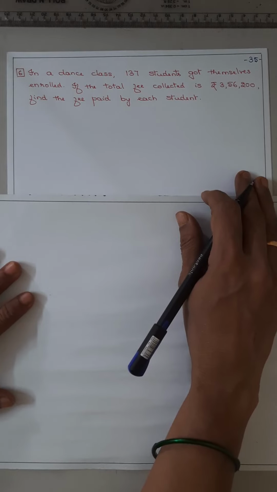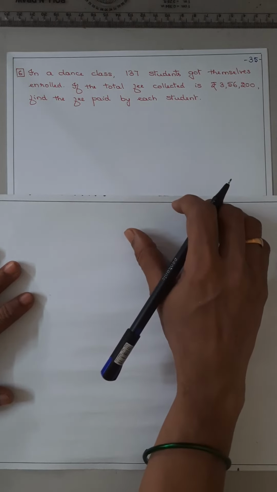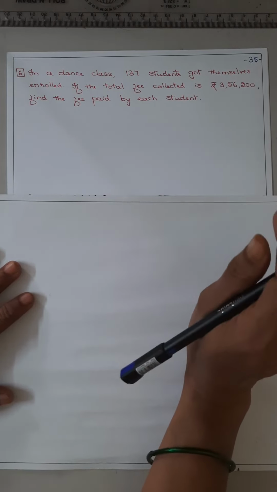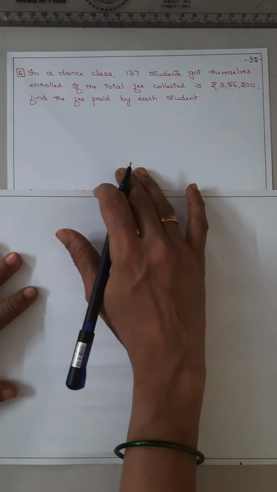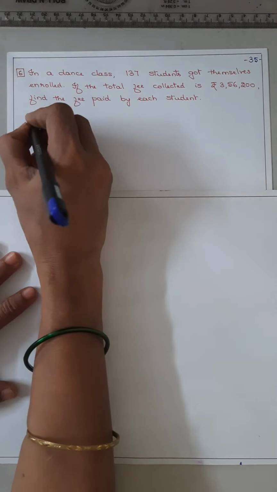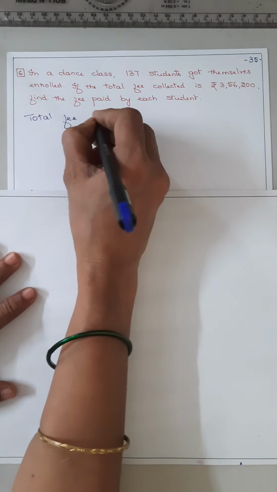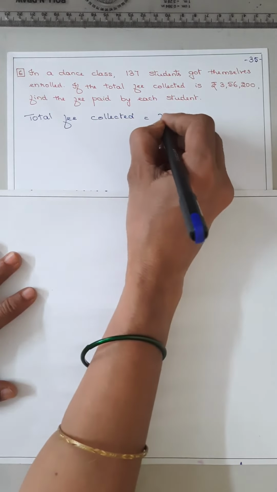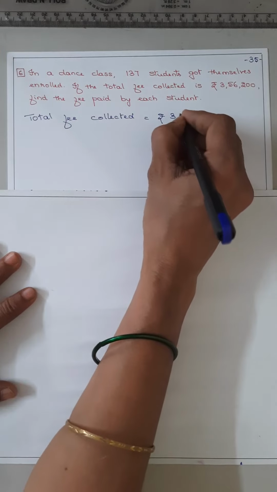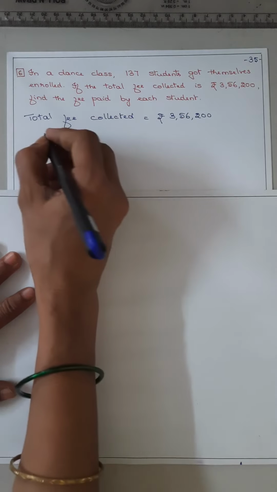Find the fee paid by each student. So total amount is given, number of students is given, what is the fee of one student. Again it is division. So statement: total fee collected is equal to rupees 3,56,200.